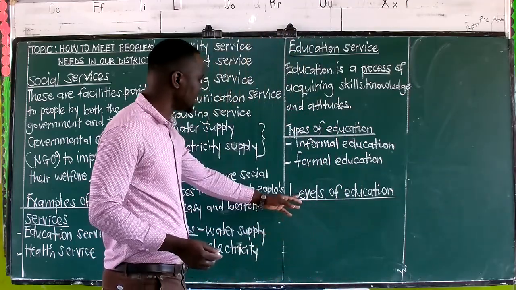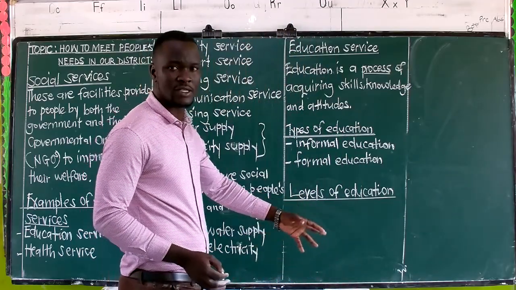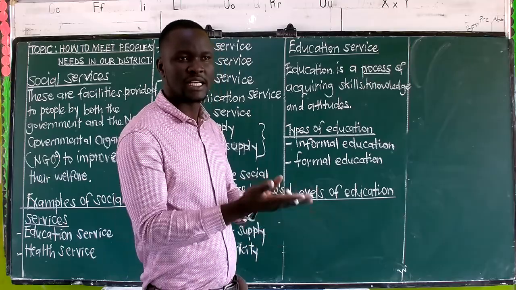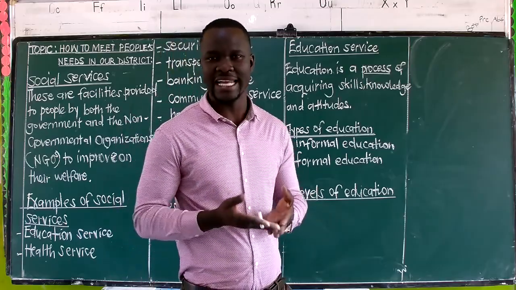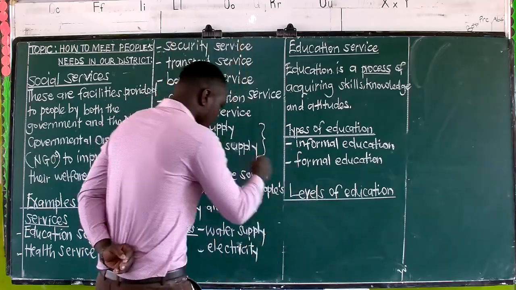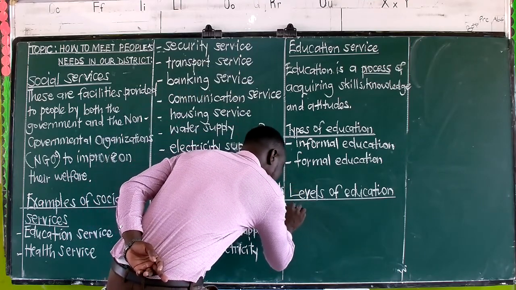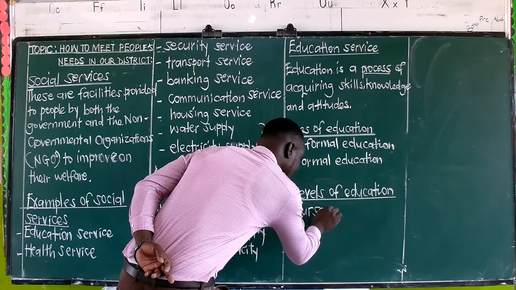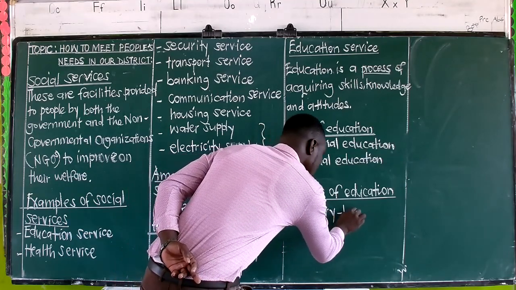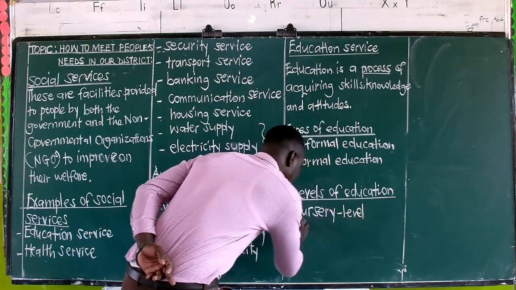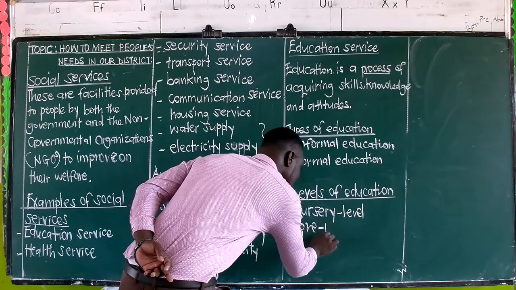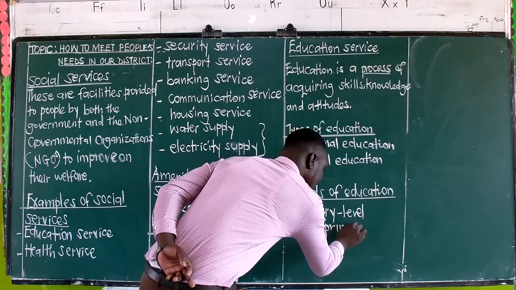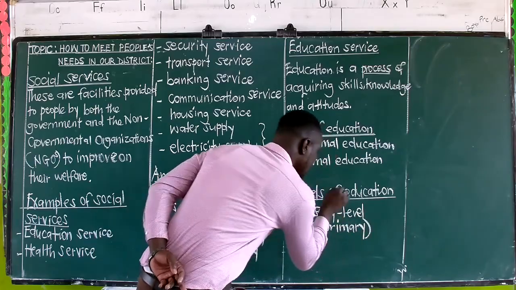Now, in this, we are going to look at levels. Those are the steps that you are supposed to pass through in your learning, in your education. Well aware that you finished the nursery level. This is what we call pre-primary, meaning before the primary level.